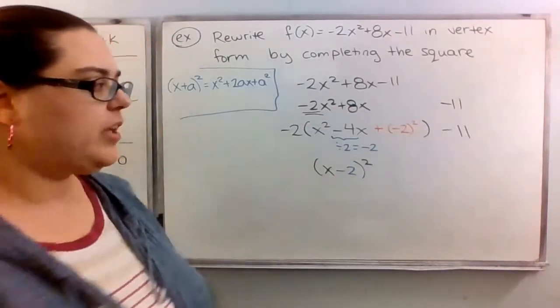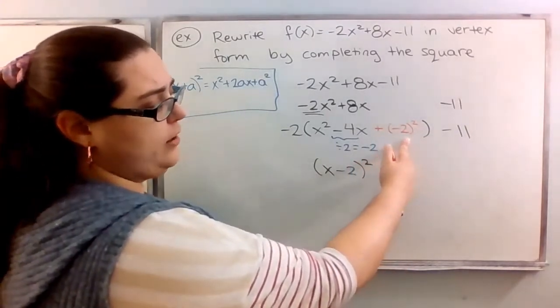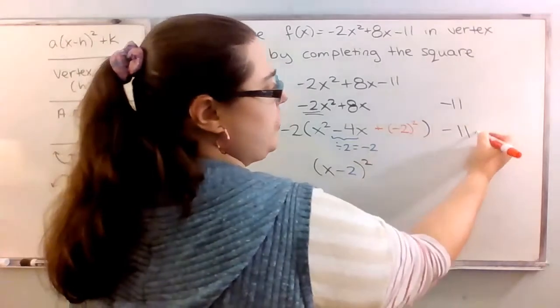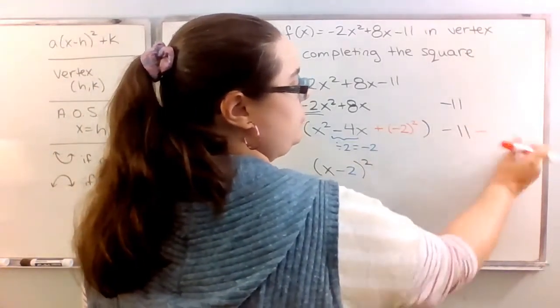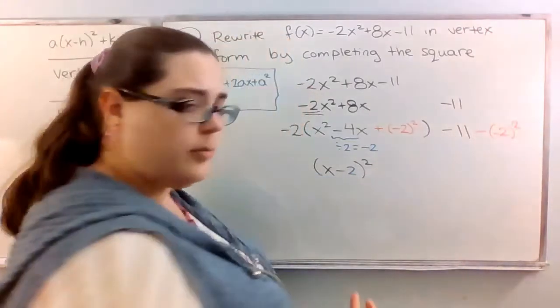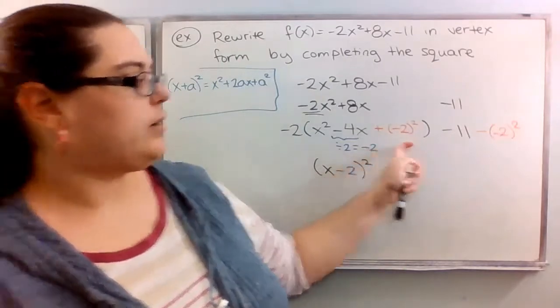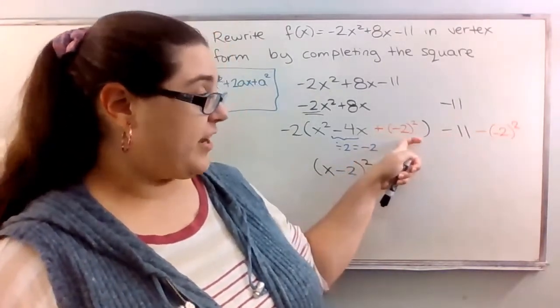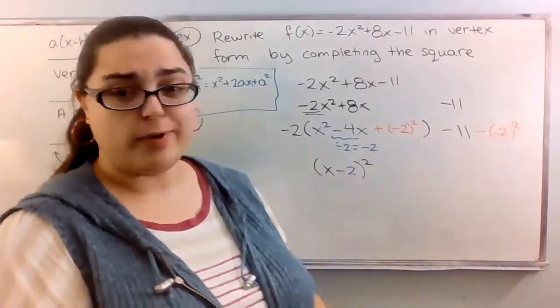So if I add this plus negative 2 squared, then I can subtract that negative 2 squared and maintain balance, right? So we've got our minus 2 squared plus a negative 2 squared. And now we're going to subtract that negative 2 squared to get 0, right?